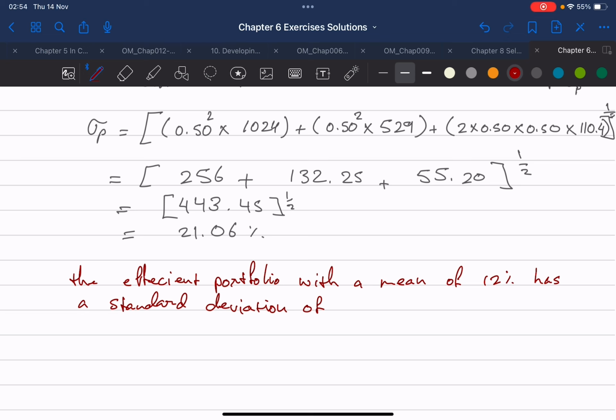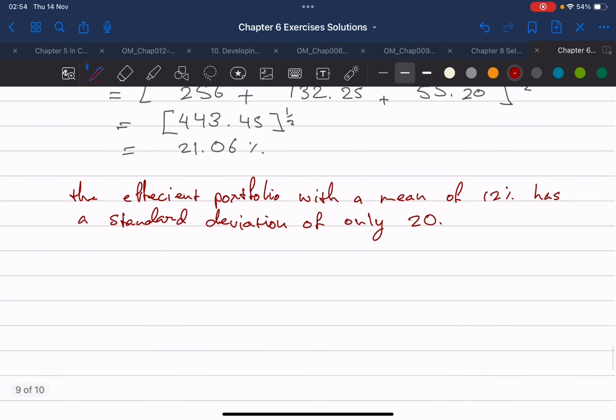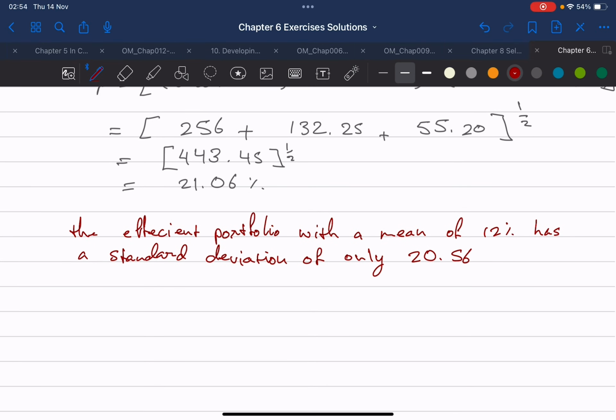So we could say a standard deviation of only 20.56%, which is, let's see how many points that is. 21.06 minus 20.56, that's 0.50, okay.